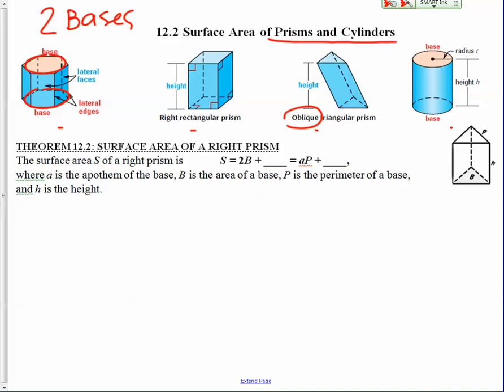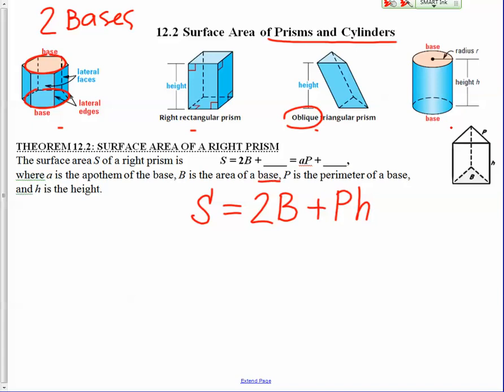So, surface area of the right prism. Let's fill in the formula. The surface area is going to be 2 capital B, this is important, plus capital P and lowercase h. Let's talk about what's going on. Capital B stands for the area of the base.